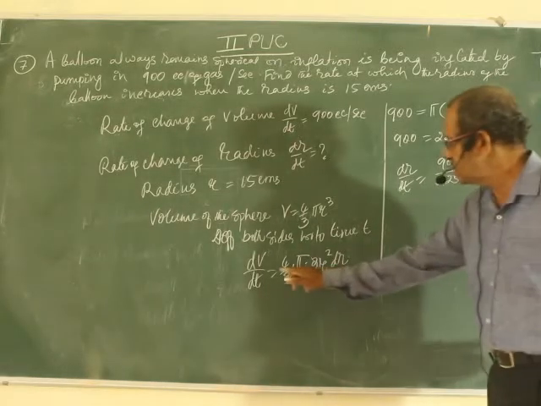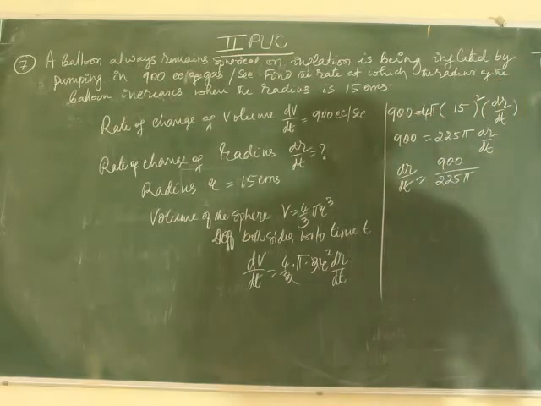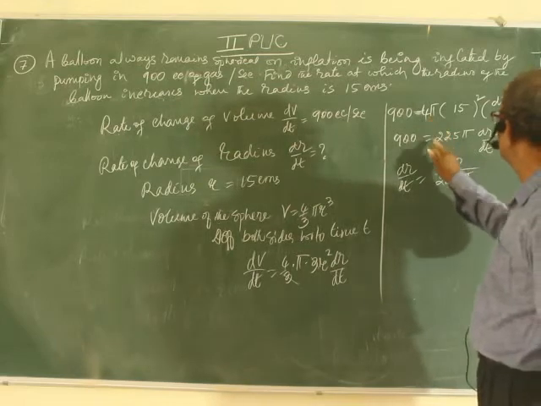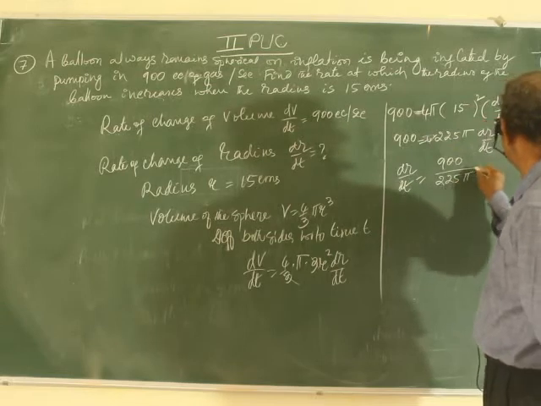That is why this 4 is missing. 4 pi 15 square dr by dt, 4 into, or here divided by 4.